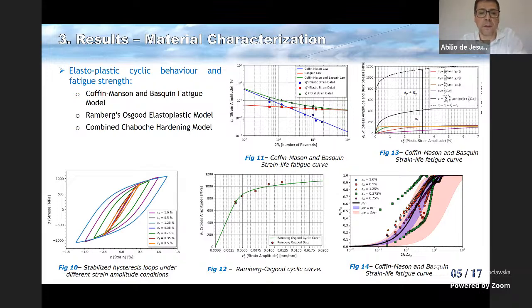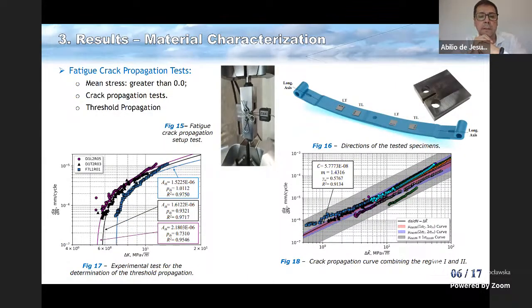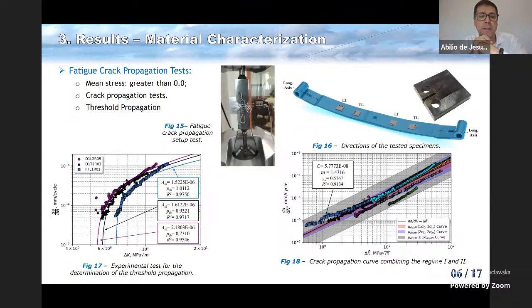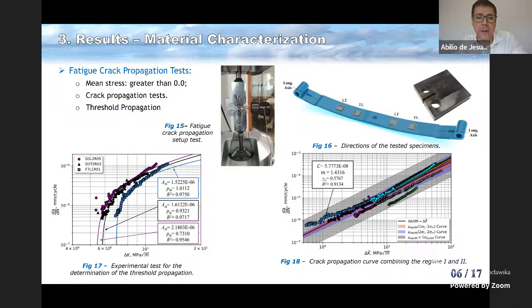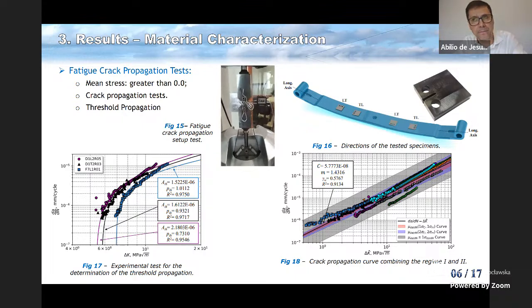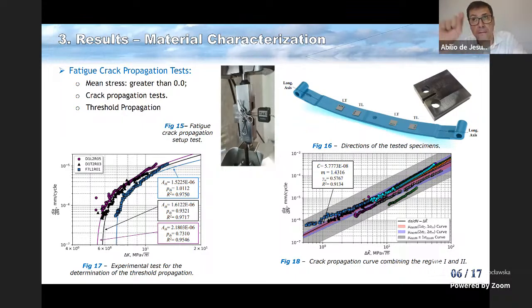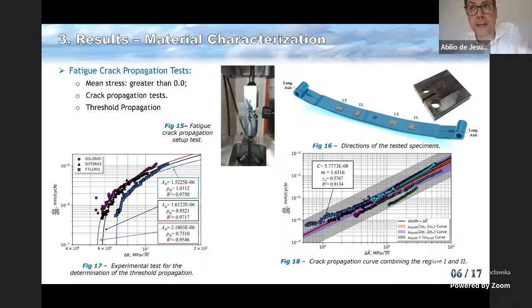In terms of low cycle, we got the cyclic curves of the material, the strain-life equations, and we correlated some constitutive models for numerical analysis. Then we also got some fatigue crack propagation laws, including the threshold regimes. For the moment, we are not using fracture mechanics based fatigue analysis.